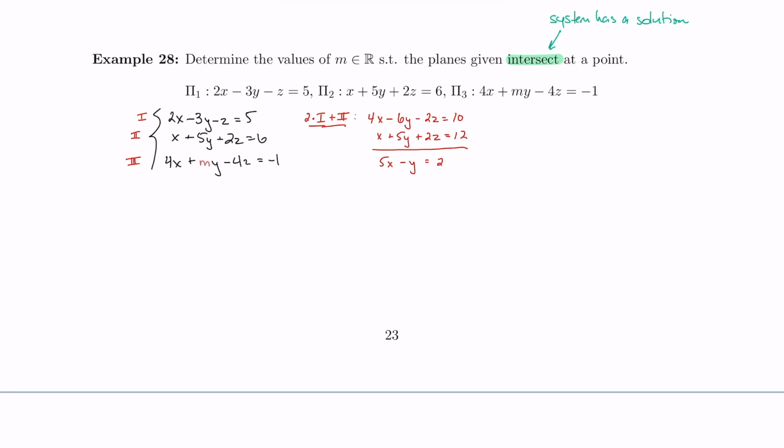No, it's not. It's positive 10. I'm getting lost in my negatives. Equals 22. And then if I apply the same process, let's see, it looks like I need to double equation 2 and add it to equation 3.